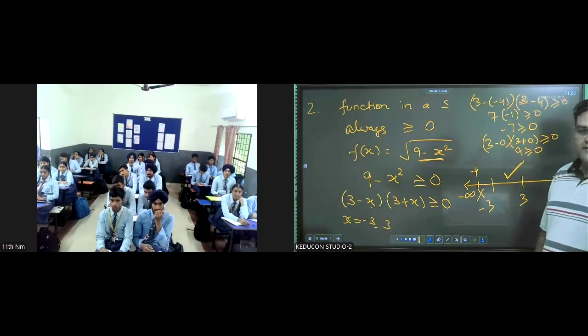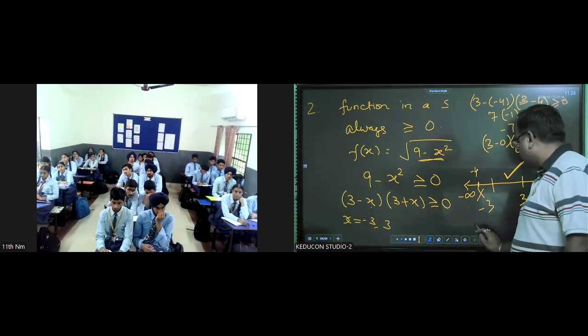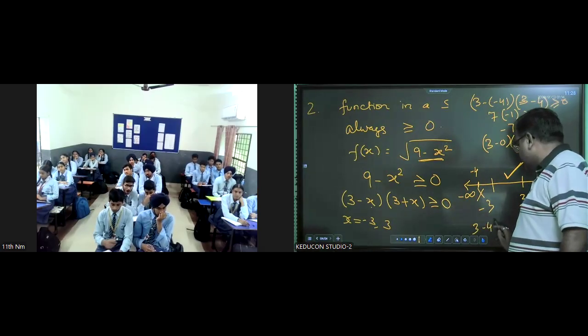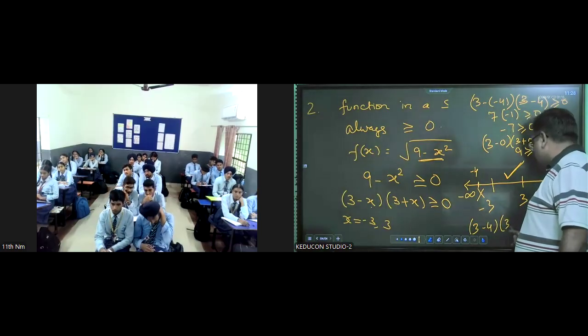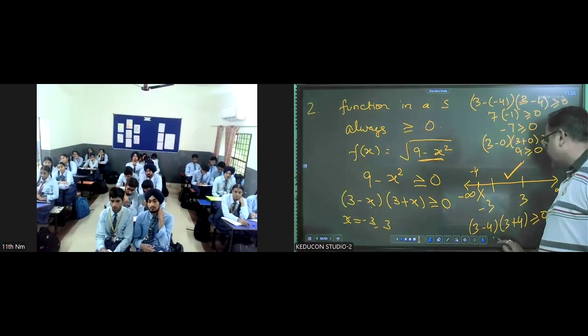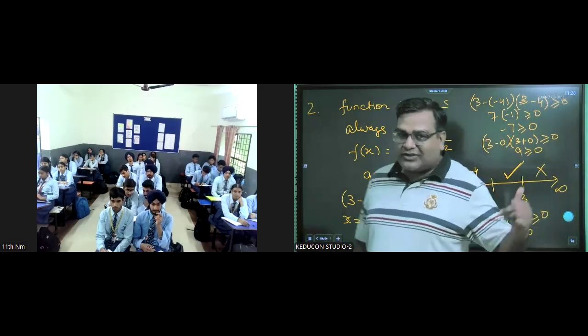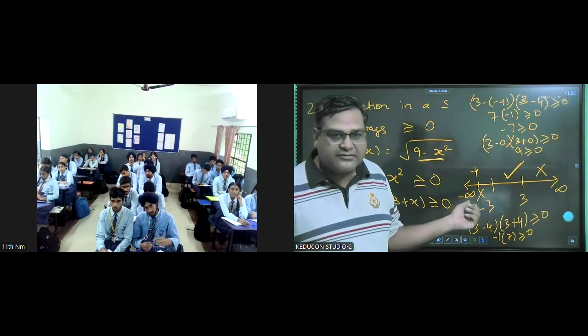Now come to the third interval, x is greater than 3. Let's say I take the value 4. 3 minus 4, 3 plus 4. Now, does it satisfy? It also does not satisfy.